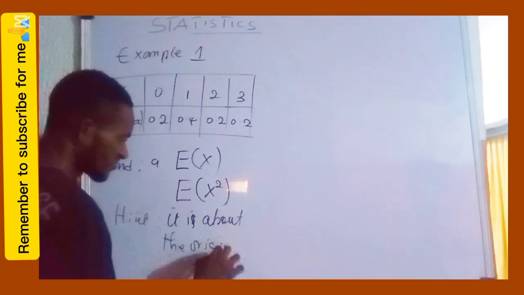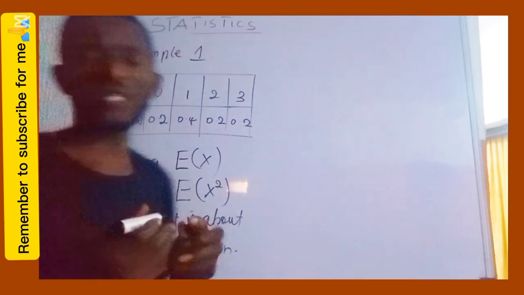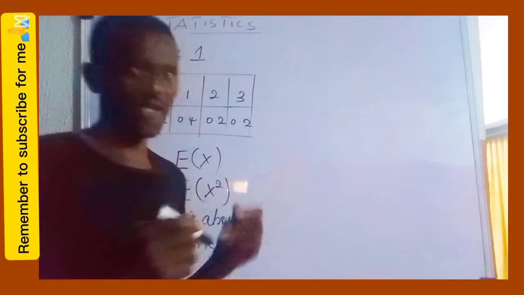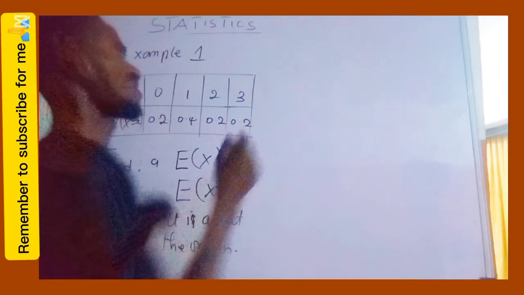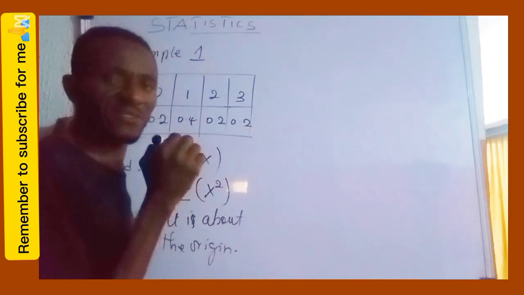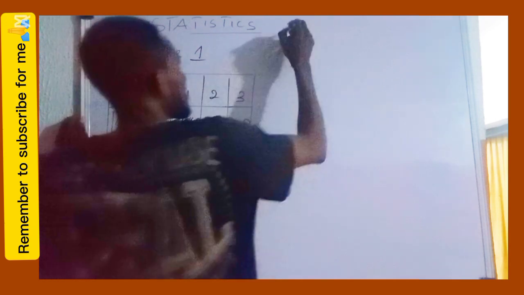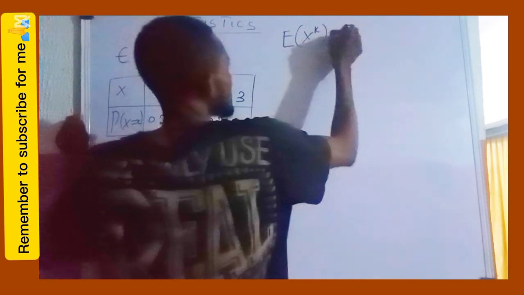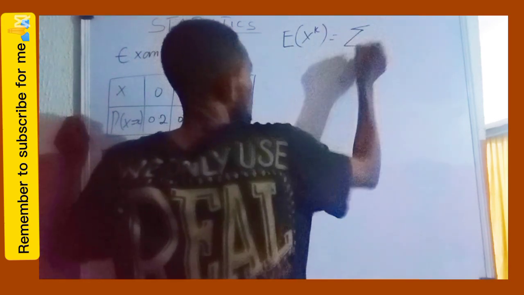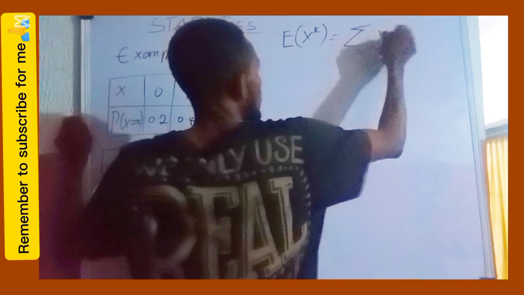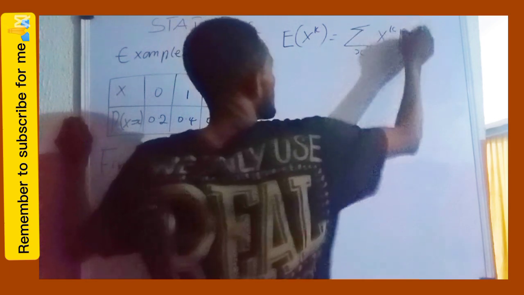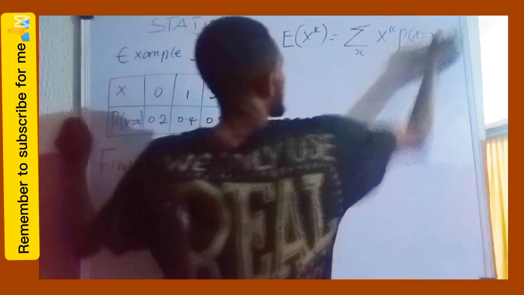So we quickly go to that formula, which we showed earlier, which I will now recall for you. We had earlier that the kth theoretical moment about 0 is given as E of x raised to power k, which is expressed as the sum over the range of x raised to power k, P of capital X equals small x.